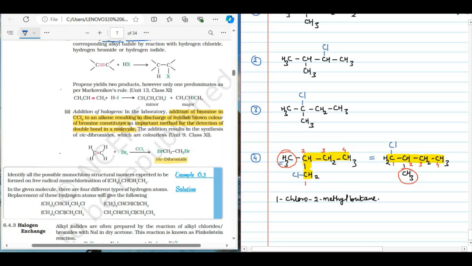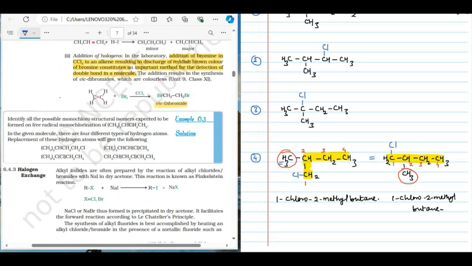In the second case also you will get the same name, 1 chloro, 2 methyl butane. As they both have the same IUPAC name, they are identical structures. So there are only 4 structural isomers formed by the monochlorination of the given molecule.